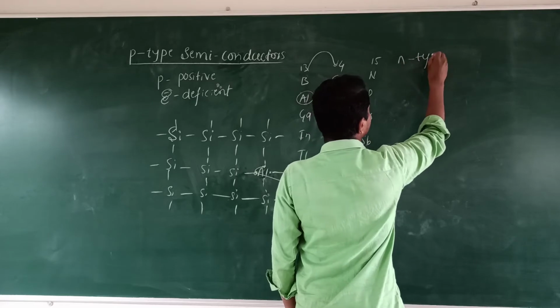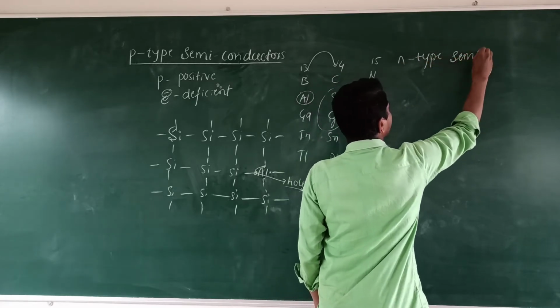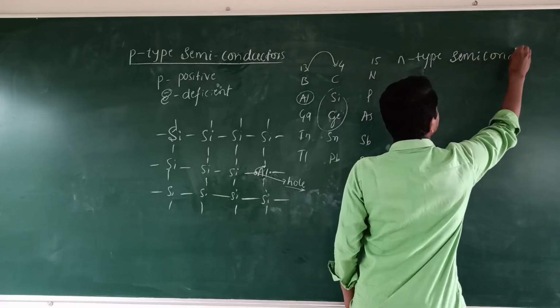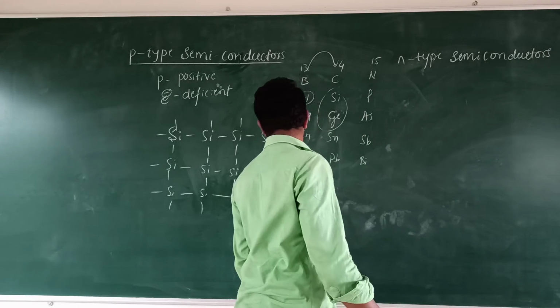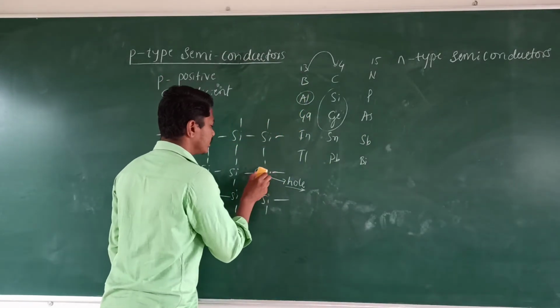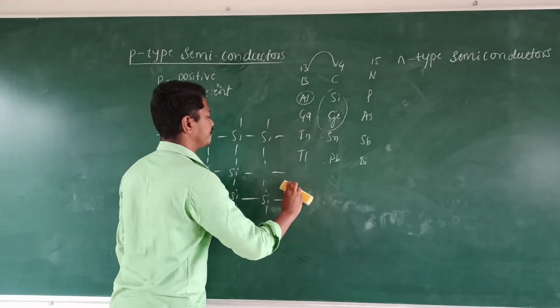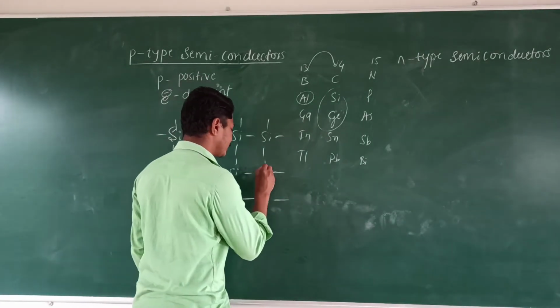N-type semiconductors. Same thing, I am removing the aluminum and adding phosphorus.